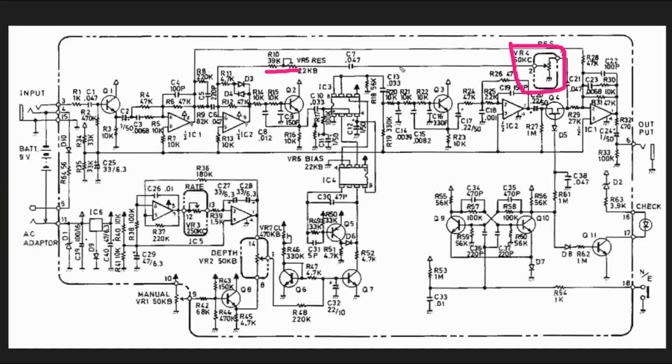So if we were to set our resonance to max, so there's none of this resistance getting in the way, we still need some amount of resistance because it's coming into a summing amplifier, and we are just limiting what the maximum signal level is that it's going to contribute into our summed stage.